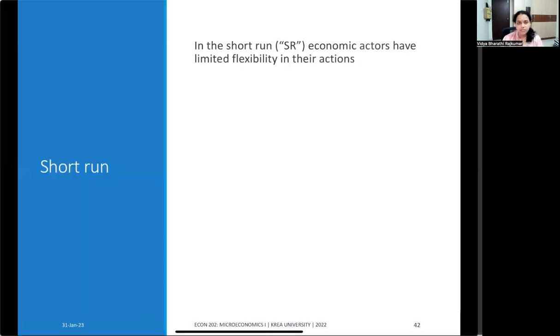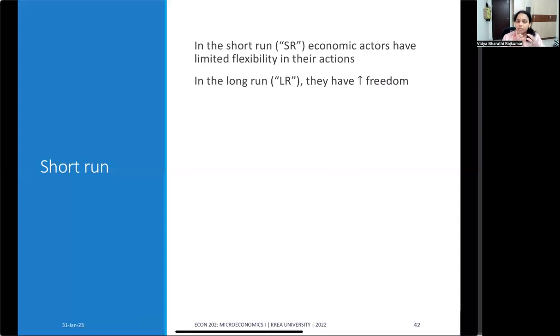As I mentioned earlier, in the short run, we have limited flexibility in our actions, whereas there's greater freedom when there is a longer period of time. So the way this comes into our discussion of costs is that in a world where there are two inputs, capital and labor, oftentimes one of these inputs will be fixed in the short run. And we generally take it to be capital.